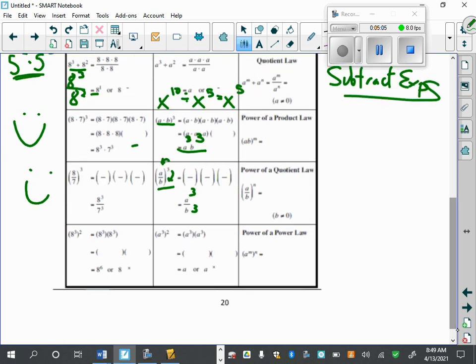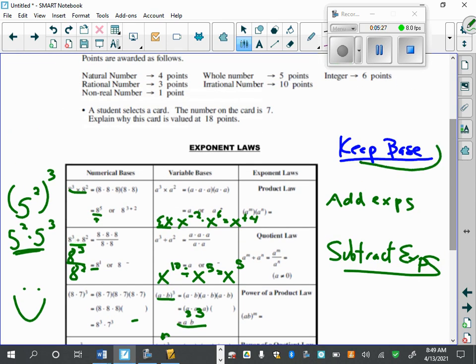Thank you, Sydney. And lastly is where we had the first question I wrote up. If you have one base and two exponents right beside each other, you multiply exponents. So you can see, now when I say multiply exponents, you keep the base.